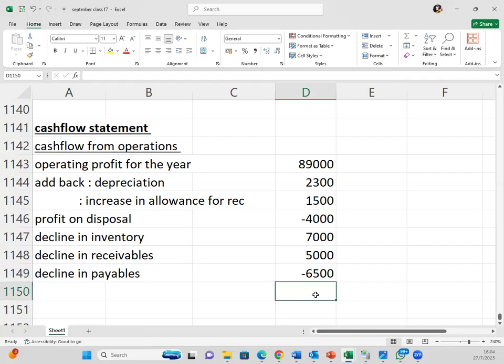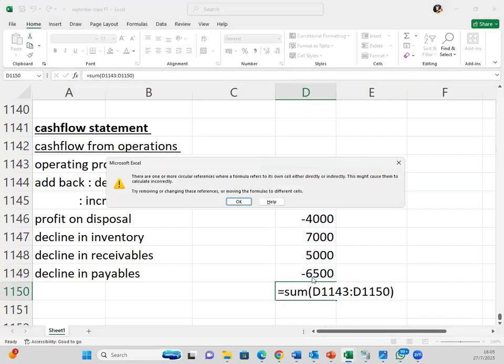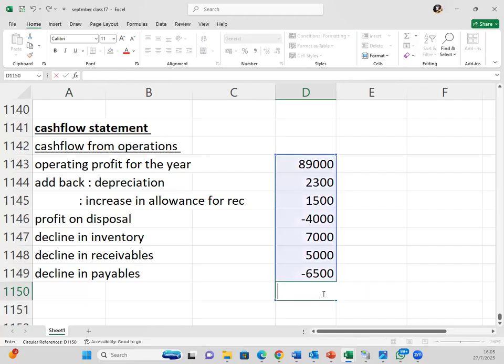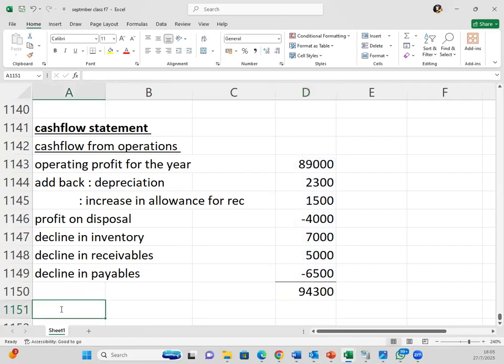After you have adjusted for this, it will give you the cash flow from operations. So that's our cash flow from operations.